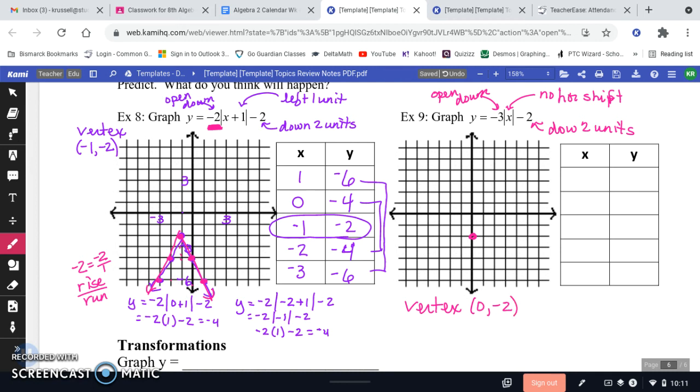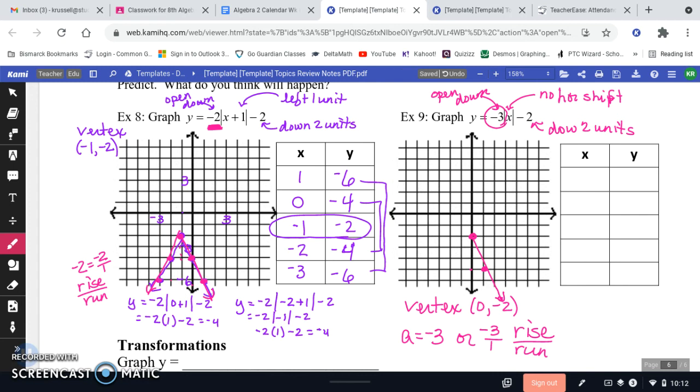Okay, now remember this conversation we just had with this -3. So that -3, we're going to call that the A. Or think of it as -3 over 1, and think rise and run. So if I go down 3 over 1, and I could kind of estimate down 3 over 1 again, but there's one side of my absolute value.